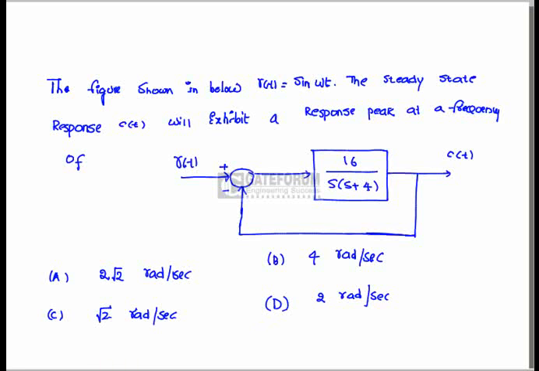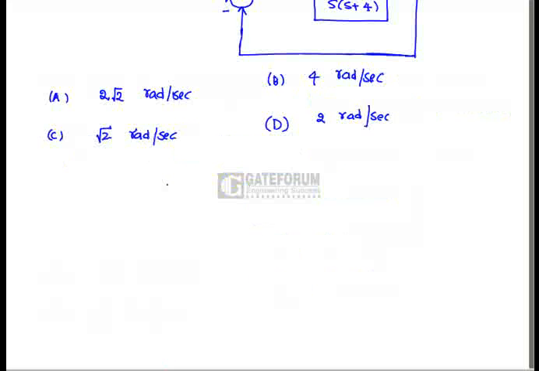Here we have to find out the resonance frequency. First of all, we need to know what we mean by the resonance frequency. Resonance frequency is the frequency where the magnitude of the given closed loop transfer function is maximized. The relationship between the resonance frequency and the parameters of a closed loop transfer function is as follows.